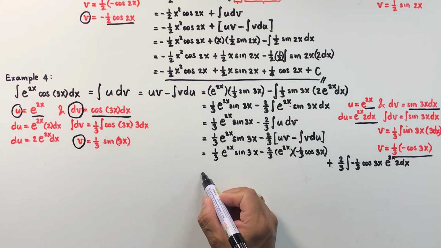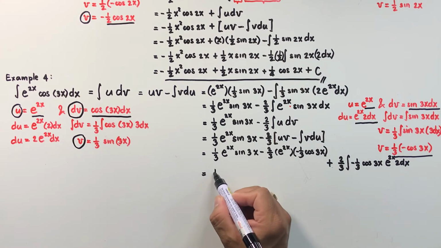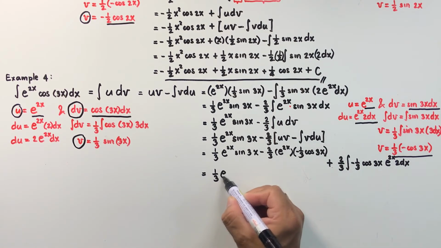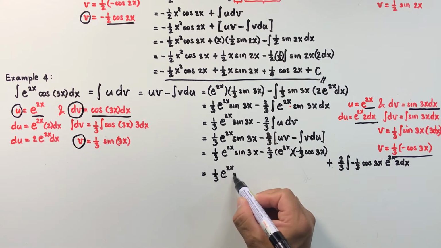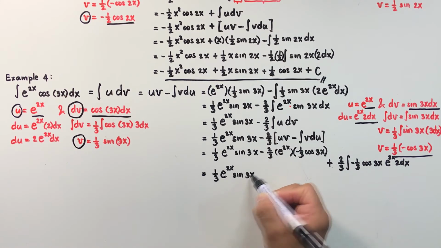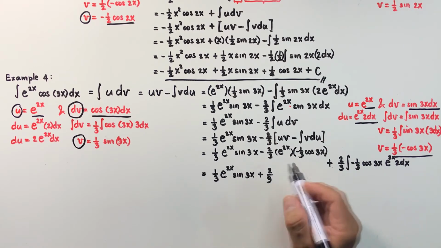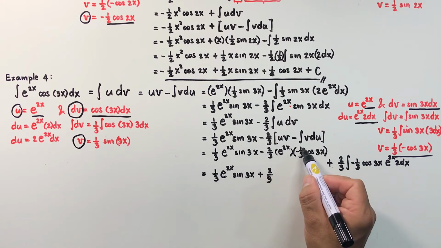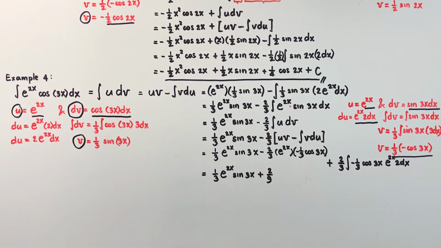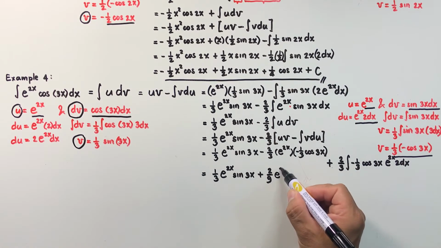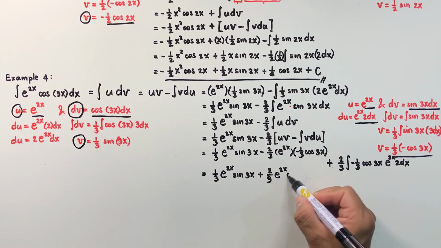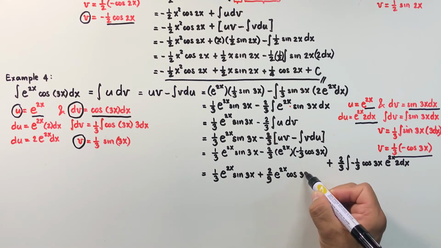So simplifying our answer here, we have 1/3 of e to the power 2x sine 3x plus 2/9, because negative 2/3 and negative 1/3 is positive 2/9. And this is multiplied by e to the power 2x times cosine 3x.